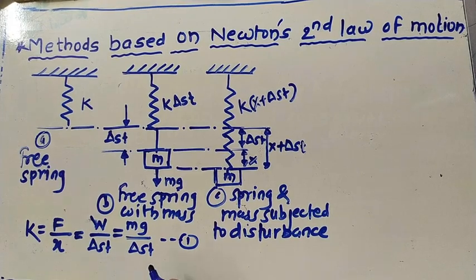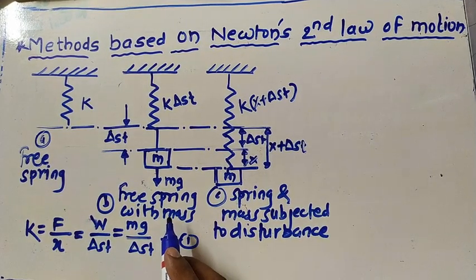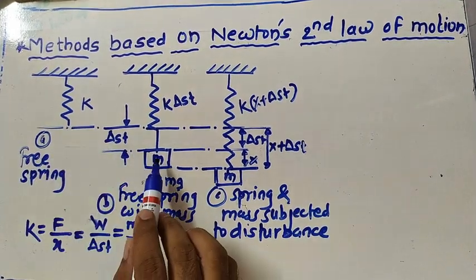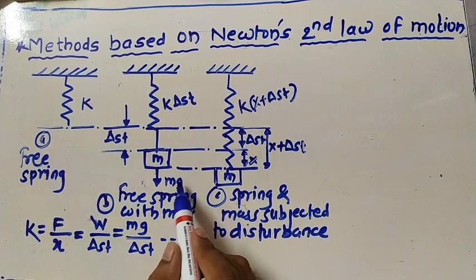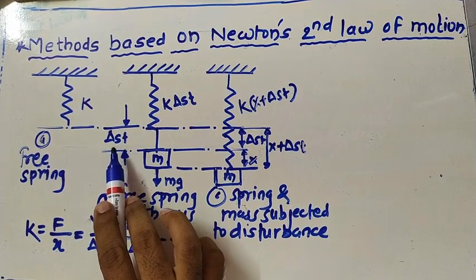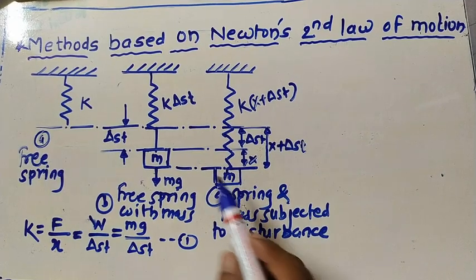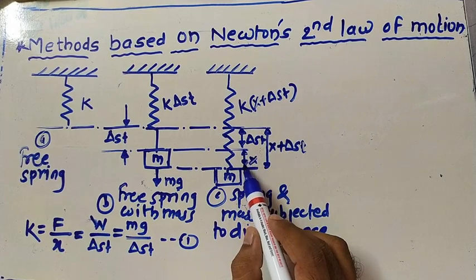Now next one, let the spring and mass system be subjected to disturbance. Initially the spring is here, after that some mass is attached, okay. The self weight of this one is nothing but mg. Because of this, the static deflection in the system is delta st. Now when the disturbance is given to this system, the mass will move in the downward direction again by a distance x, okay.